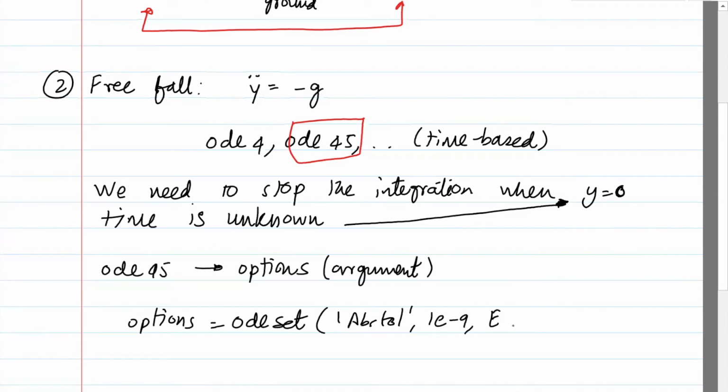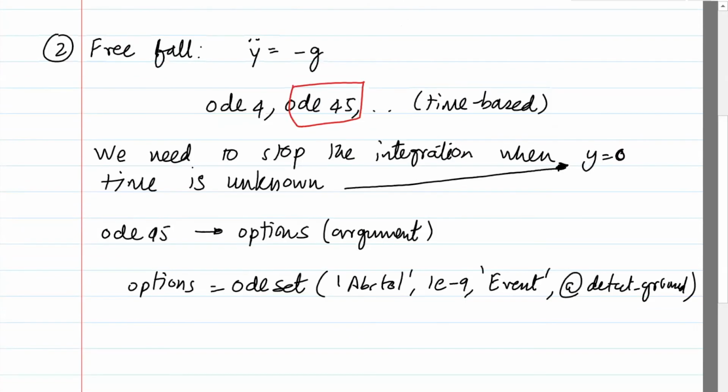Another option is actually called event. And this is where you will set the detect ground. There's a very precise way of setting detect ground such that when the detect ground function comes out to be true, when y equals 0, the integration will actually stop. Okay, and I'll show you how to do that.